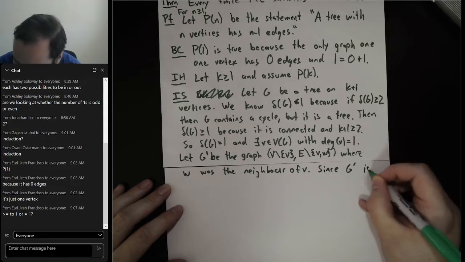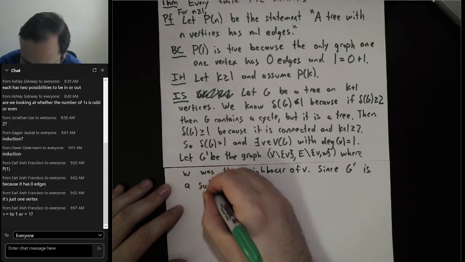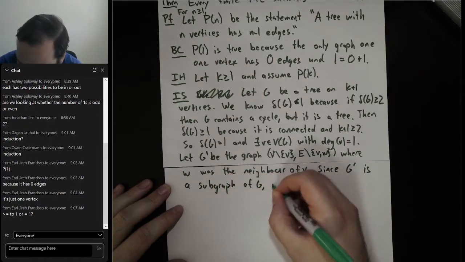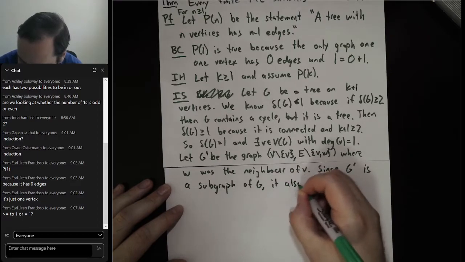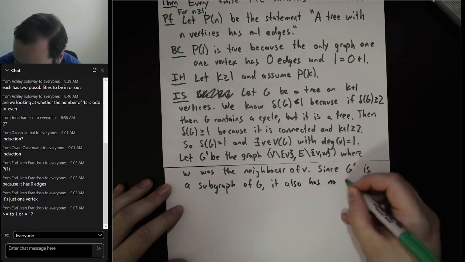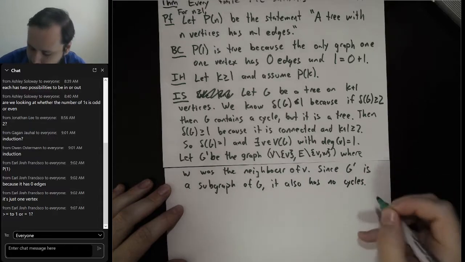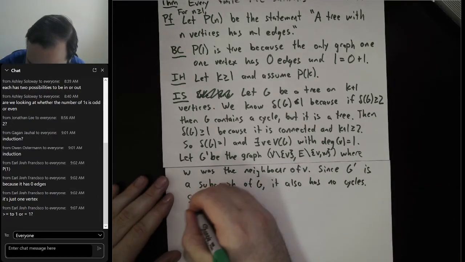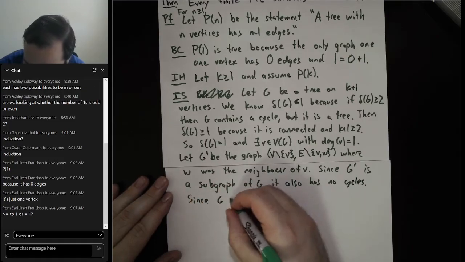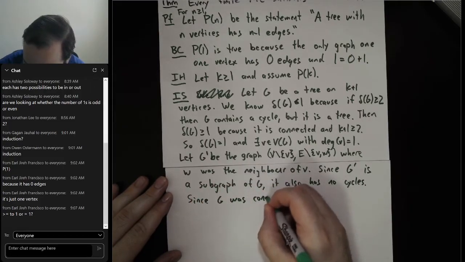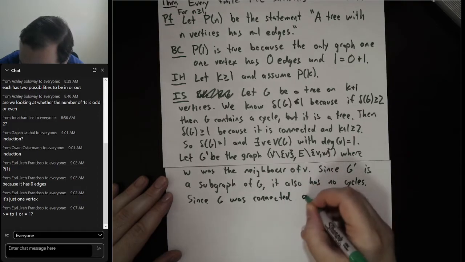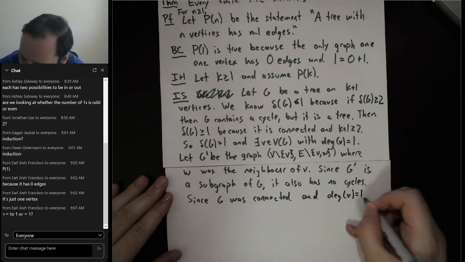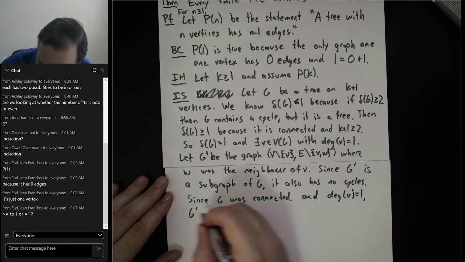Since G prime is a subgraph of G, it also has no cycles. I also know it's connected, since G was connected and the degree of V was equal to 1, G prime is also connected.